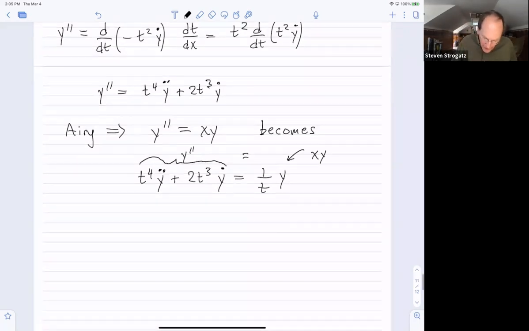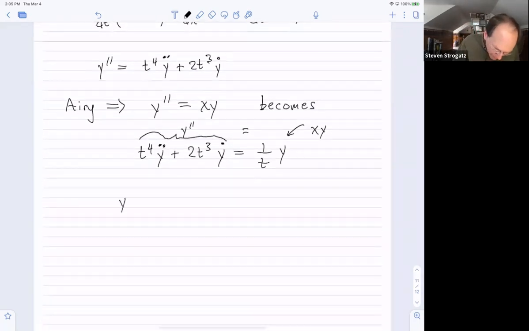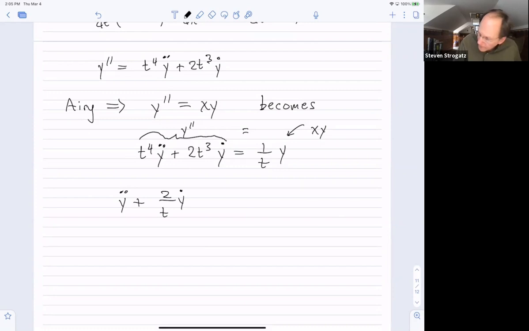So now we put that in the standard form by making y double dot all by itself: y double dot plus 2 over t y dot minus 1 over t to the fifth y equals 0.